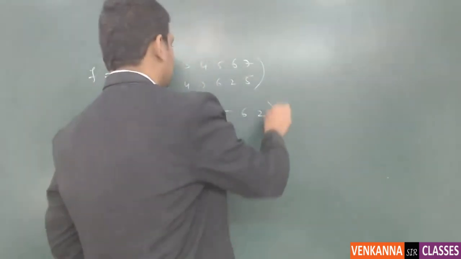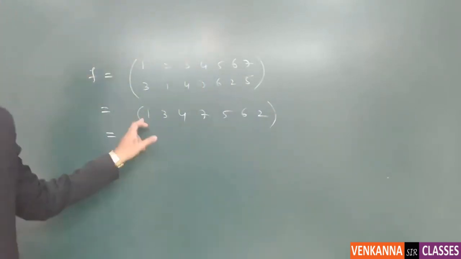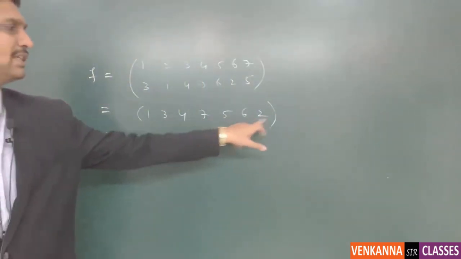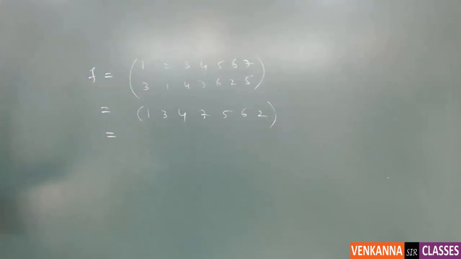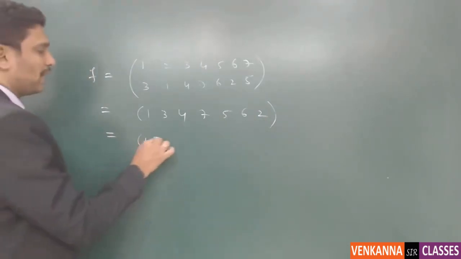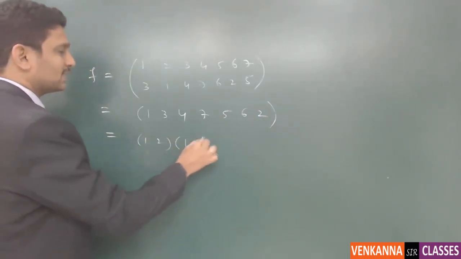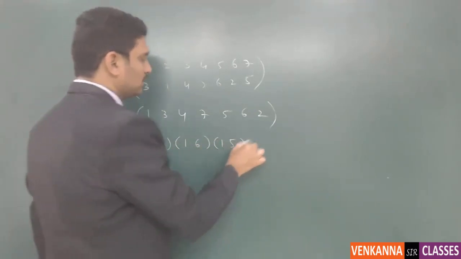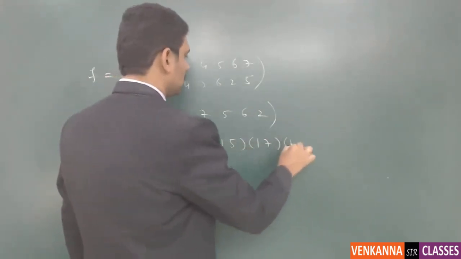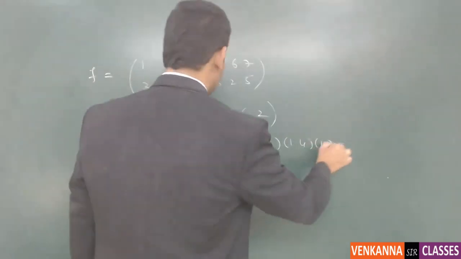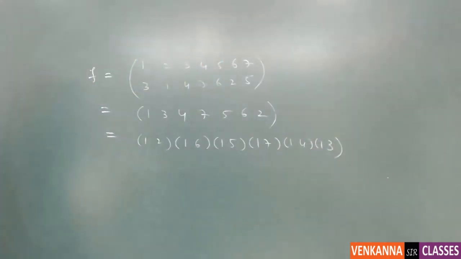So this is the actual cycle you have. 1, 2, 3, 4, 5, 6, 7 symbols actually came. Now we write like this: (1 2)(1 6)(1 5)(1 7)(1 4)(1 3). That we write it actually. Please check on that, how I have written.